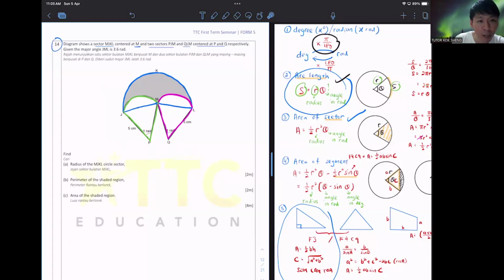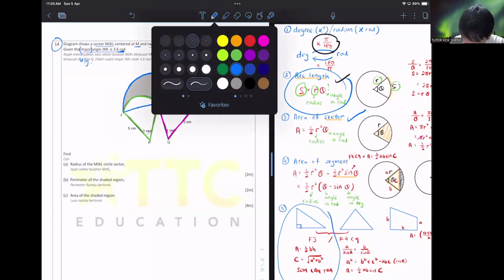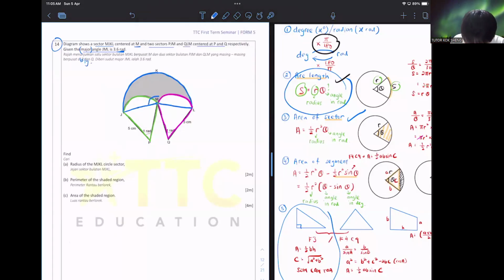Okay, continue. Given the major angle JLM is 3.6. Major is a big one. For angle JLM, you have two here, one on top, one at the bottom. It says major, the big one. So the angle that's bigger is the one on top.